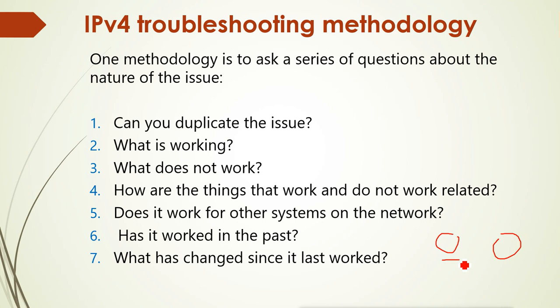So what has changed since it last worked? Since then, what have we changed, either the configuration or a hardware change? We should see what changes happened after it was working, because maybe because of the change it is not working.